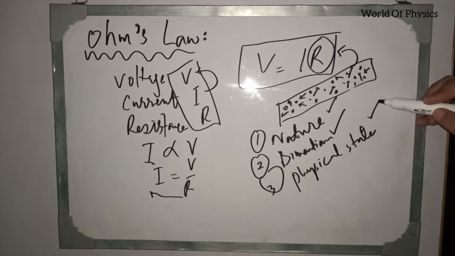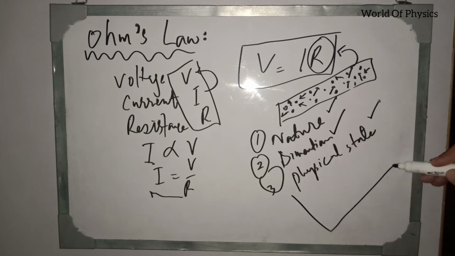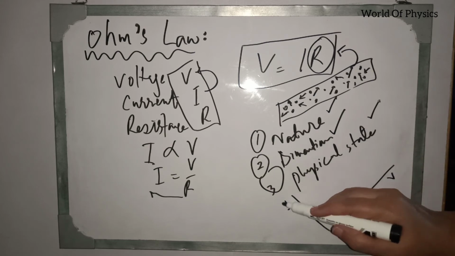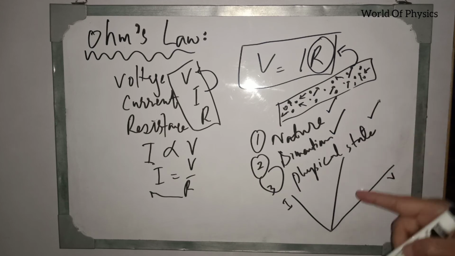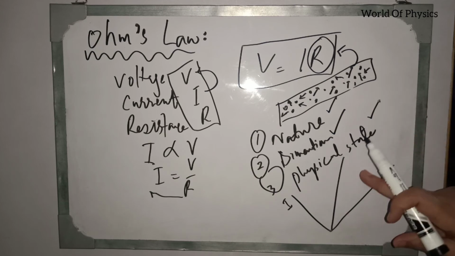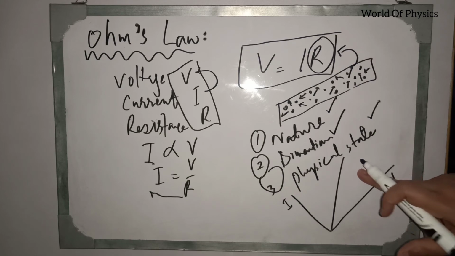For a conductor to obey Ohm's law, a graph of current I as a function of voltage V should be a straight line. So if we plot a graph between I and V, where V is taken on the x-axis and I is taken on the y-axis, we should get a straight line, which shows that this conductor is a purely ohmic conductor, or this conductor obeys Ohm's law.